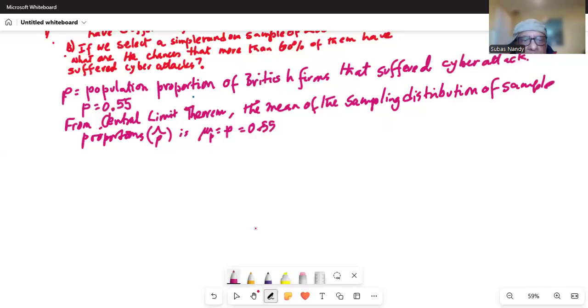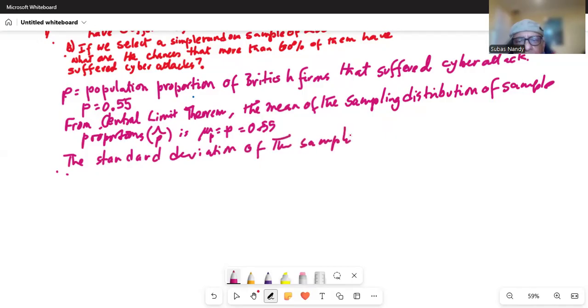So the standard deviation of the sampling distribution is sigma p hat, read as sigma p hat.